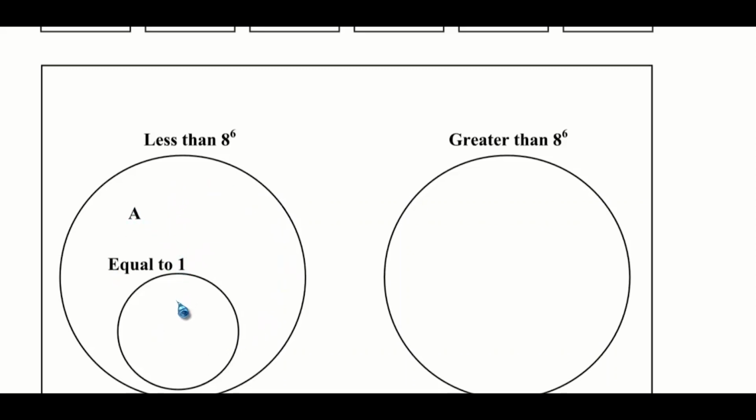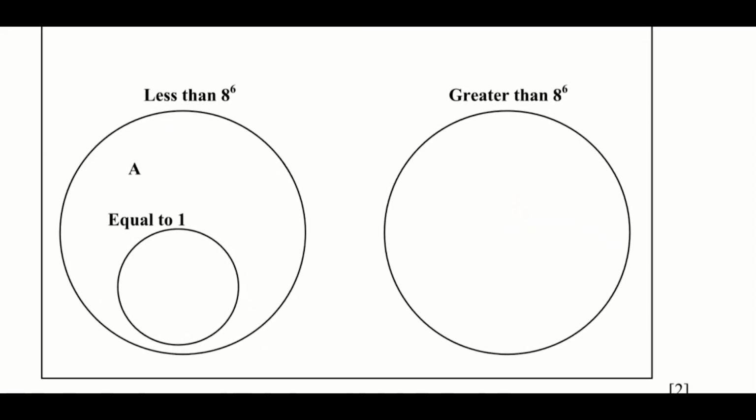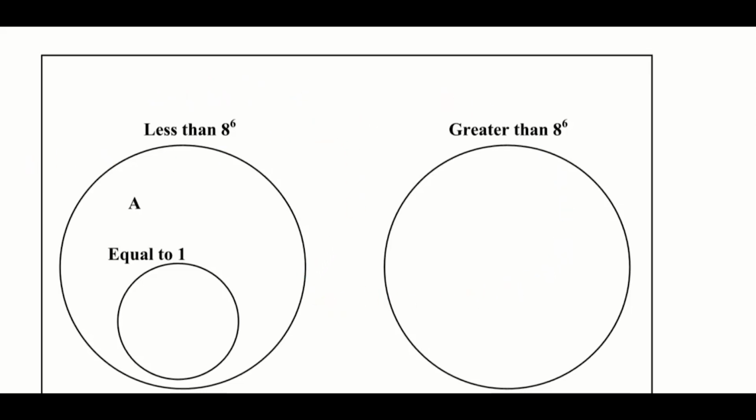And if it is equal to 1, write it inside this smaller circle. If it is greater than 8 to the power of 6, write it inside this circle here. And if there is any number that does not belong to any of these three circles but is part of the population, you can write it anywhere outside the circles, but inside the rectangle.